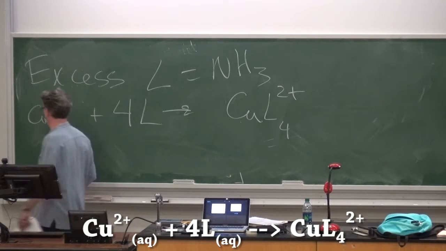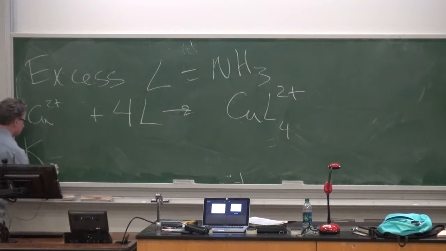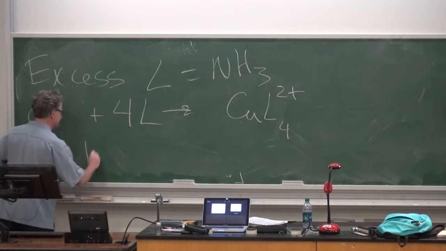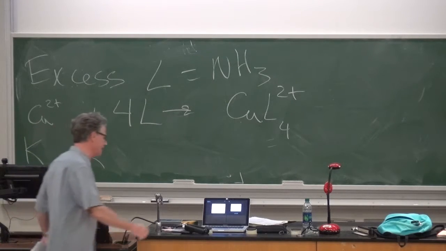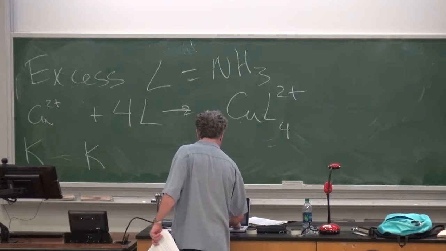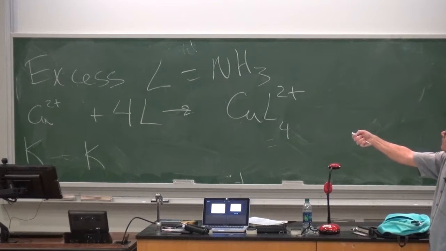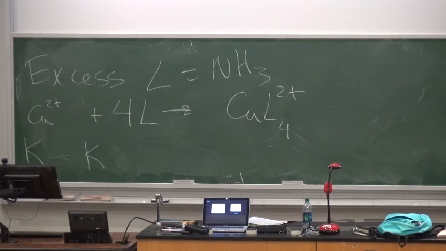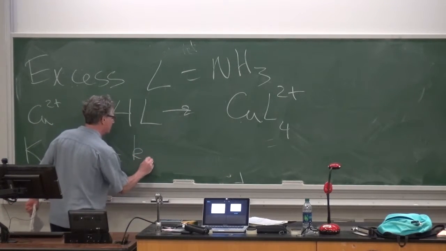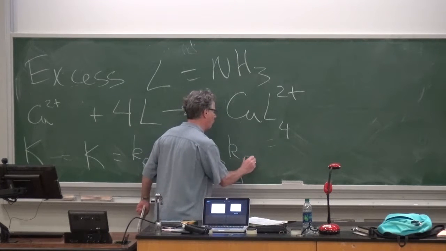Well, if I do that, then you can think of it as going in one step, for which we write big K_F, no 1, no 2, no 3, no 4. Sometimes it's just given the symbol K. As you see on that slide I had up there, it uses just the symbol K. That would be the product of the stepwise constants: KF1 times KF2 times KF3 times KF4.